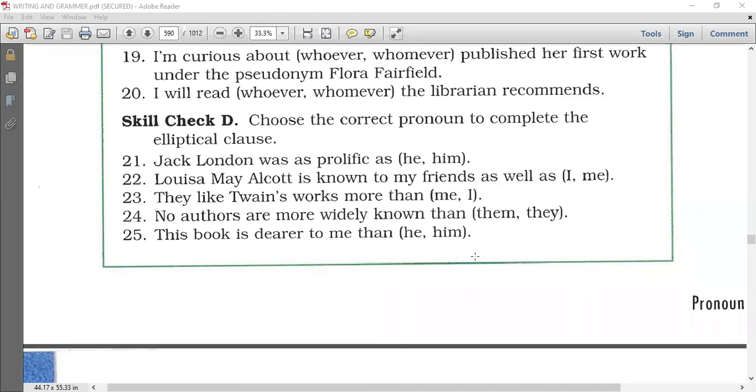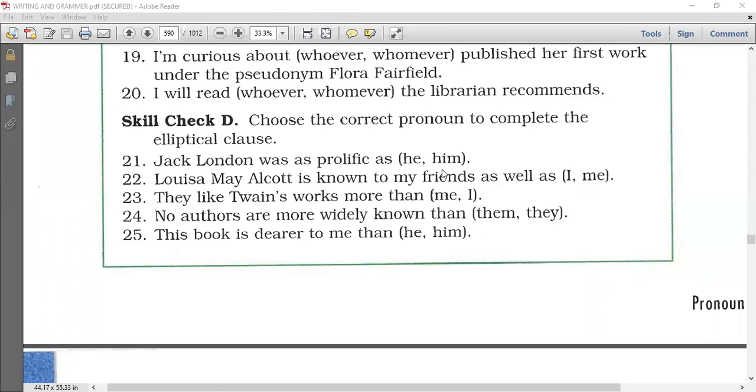Right. Jack London was as prolific as, okay. I have 3 chats. Jana says the answer is him. Do you agree with Jana, guys? Jana answers number 21 in the chat.